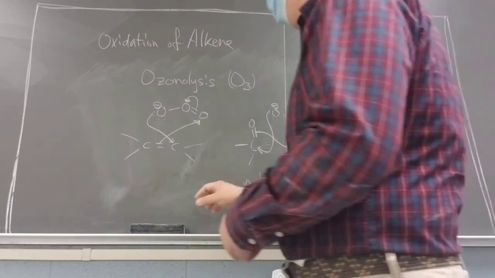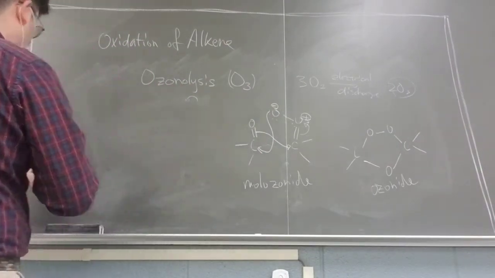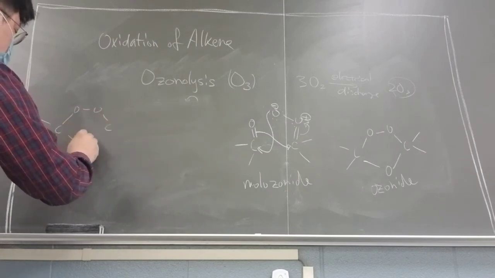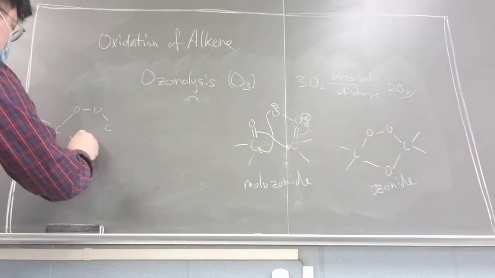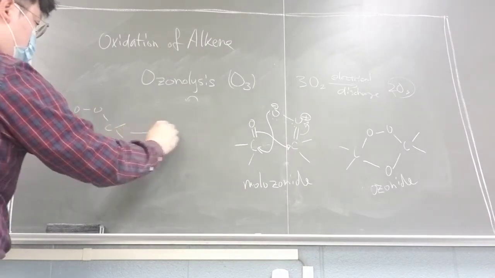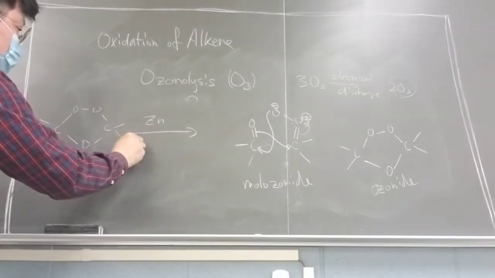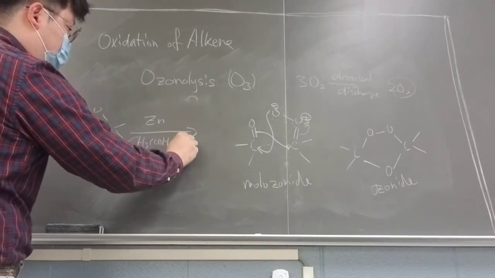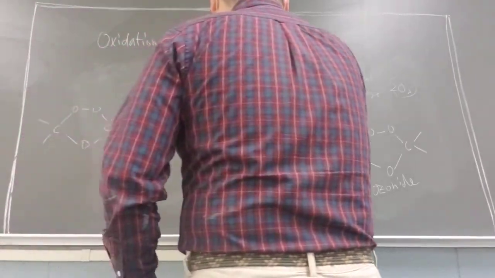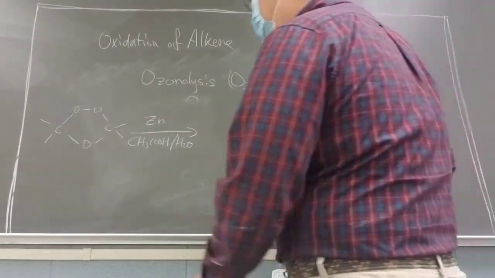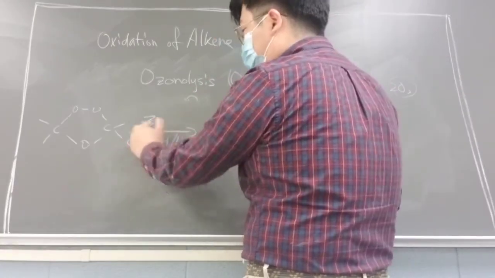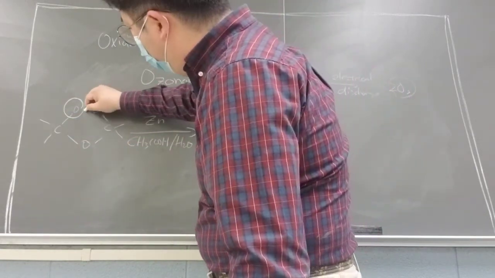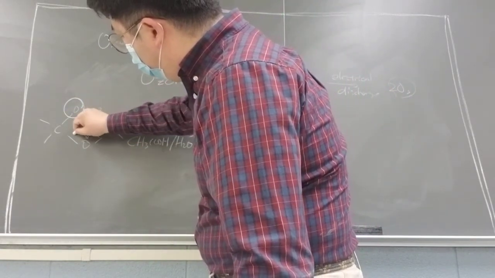Then when you have this, you're going to treat it with some zinc catalyst with acetic acid in water. The weak acid with the protons will grab this one, and then it goes to there, it goes to there.